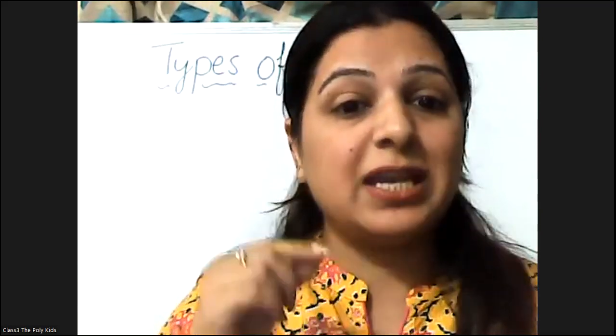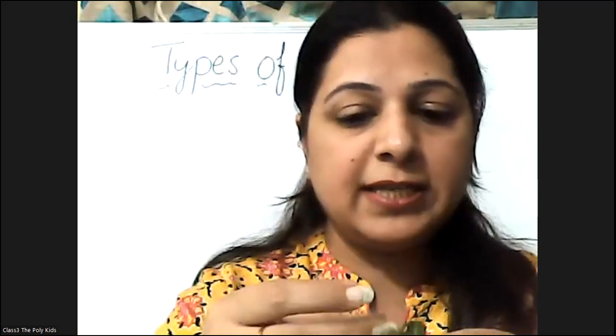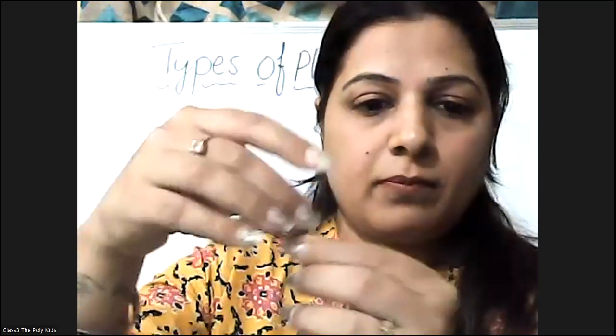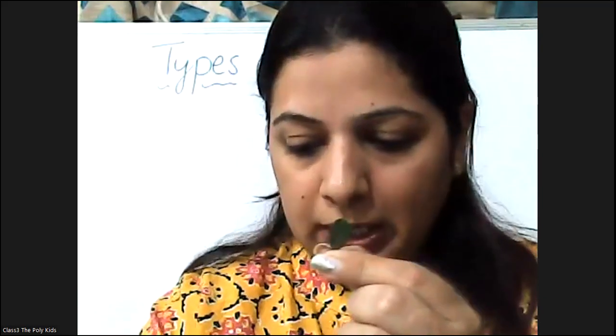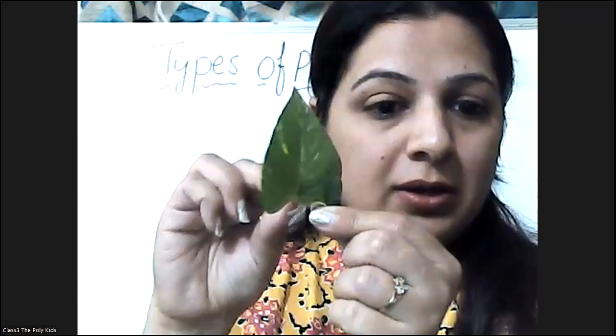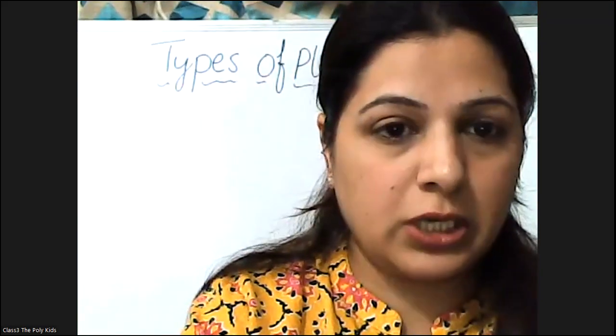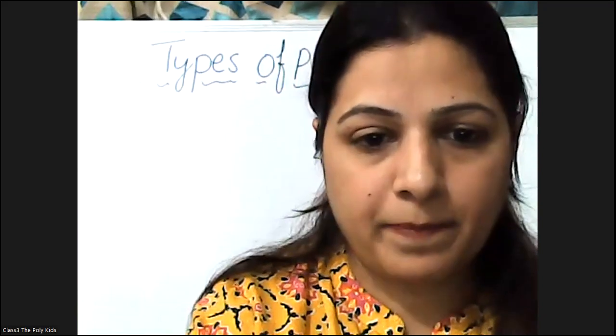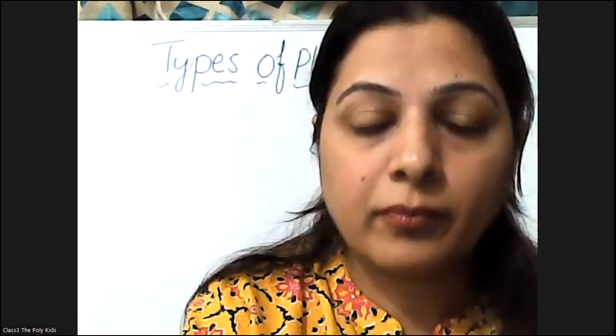Size also we have discussed. The size of leaves is very different as we have already seen. Now this leaf is too small. And here we have this, it is big. So differentiate. Now one more worksheet. Ma'am, I have 3 big plant leaves and 1 small plant.